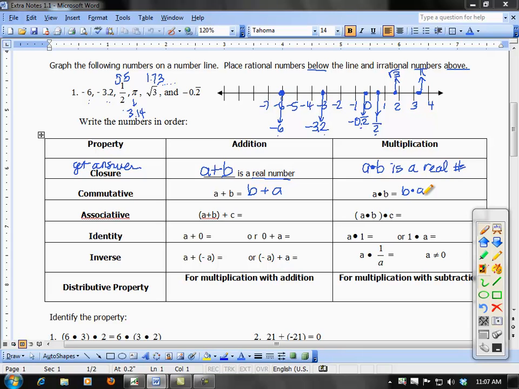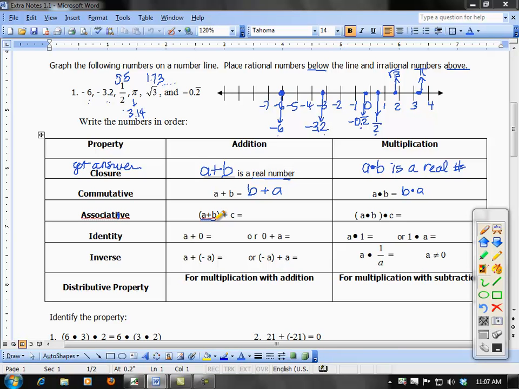The associative property, and there looks like there's an extra I in there, I apologize. The associative property changes the placement of the order. So this says first take A and B together first, and then whatever my answer is here, I can add C. Now I'm going to get a number out of that.